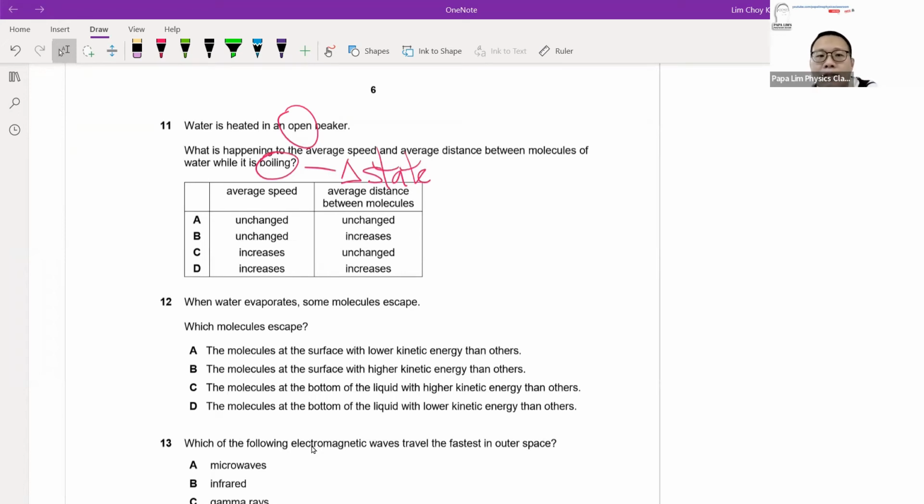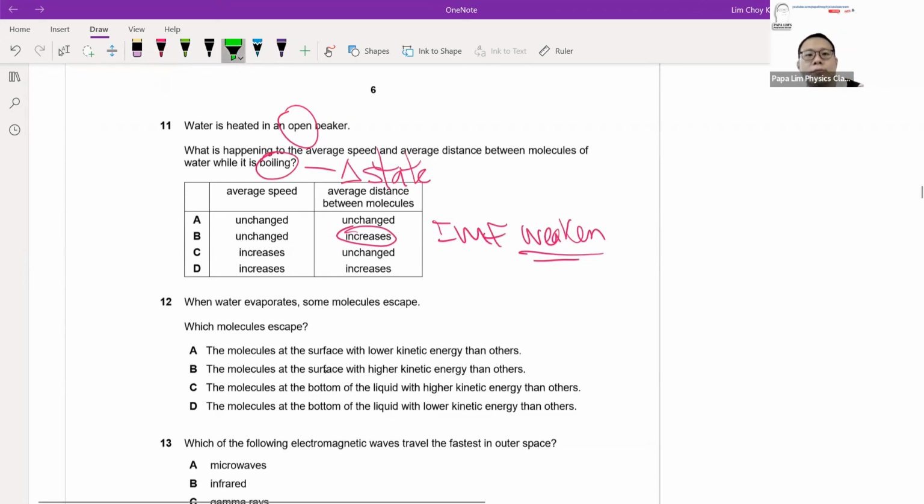What will happen is definitely the intermolecular distance will increase because the intermolecular force is weakened. As such, the distance between the molecules increases. But because boiling occurs, whatever energy is absorbed in boiling is used to change state.